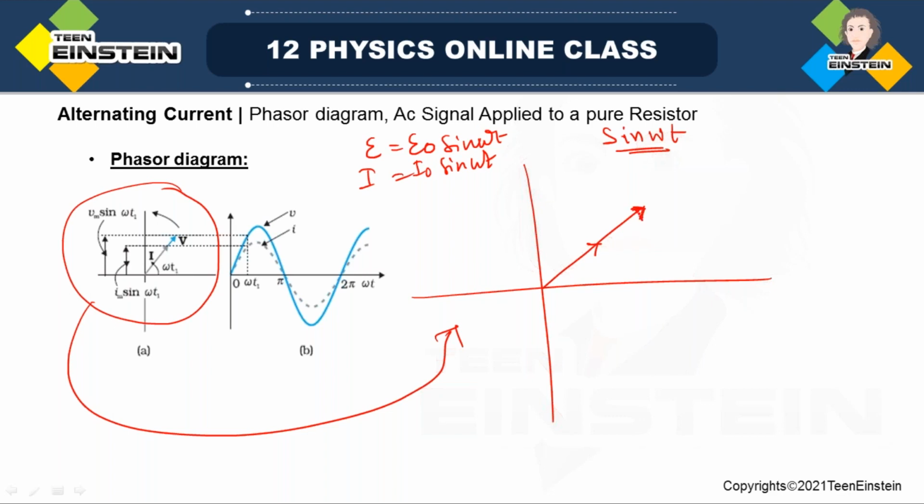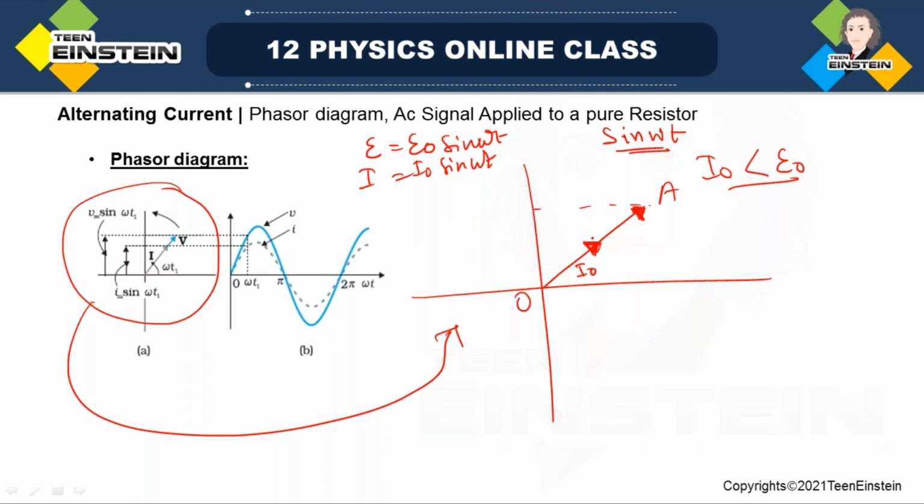As I said, the amplitude of the current is less than the amplitude of the voltage. So I can take a vector like this. Suppose this is O, this is A. The OA vector represents the voltage and current together. Up to here, this will give you the current.